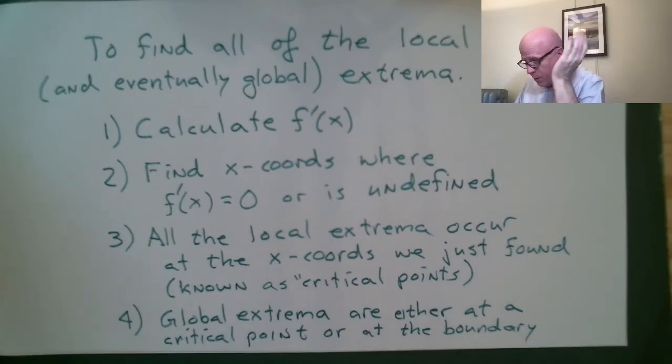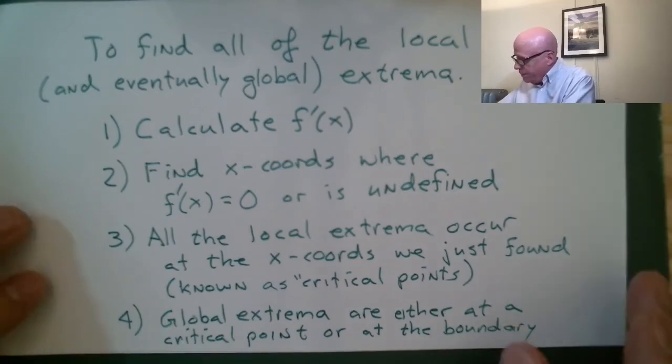If the function has a domain that goes from 0 to 11, then check out f at 0 and check out f at 11 also. So look at the boundary, look at all the critical points. You will find the global extreme values amongst them, and literally the global maximum is the one that's the largest y-coordinate, the largest f of x value. The global minimum is going to be the smallest y-coordinate.